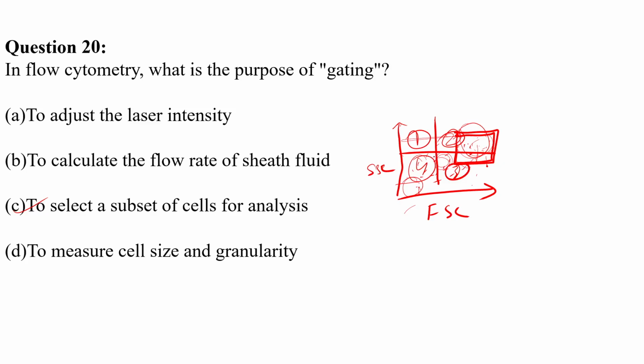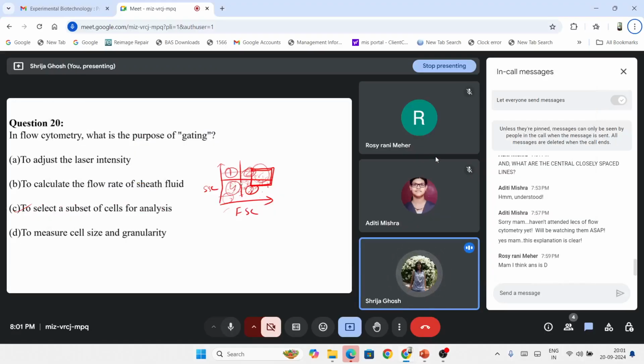But this is what gating means, because you want to select the region where you want to look further into. So you do the first set of analysis, you see the graph, and then you select a particular region because you think, okay, this is the region I want to focus on. So you will gate that region and ask the instrument to show you more data about that region.